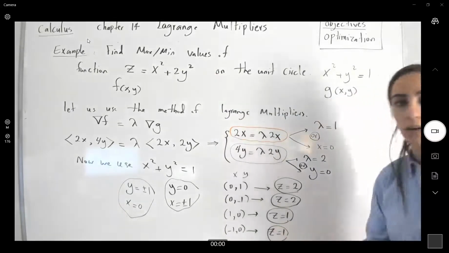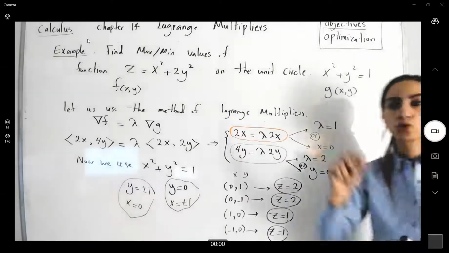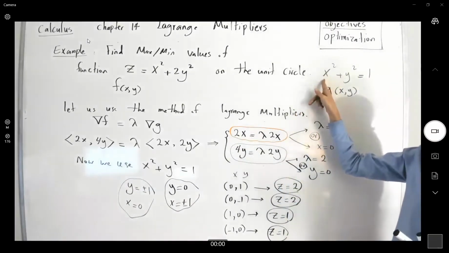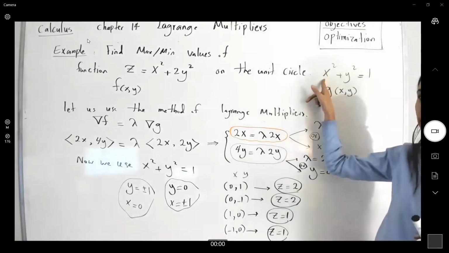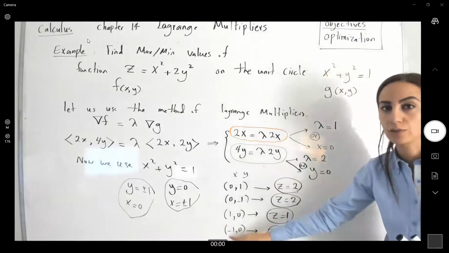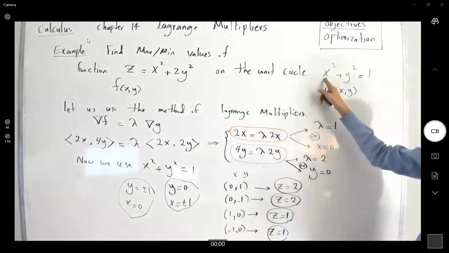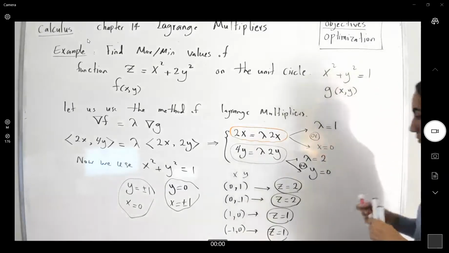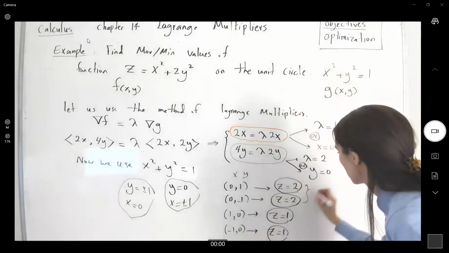So what is our conclusion? At 2 points restricted to this circle, my function is maximized. At 2 critical values, by using this restriction, the function is minimized.